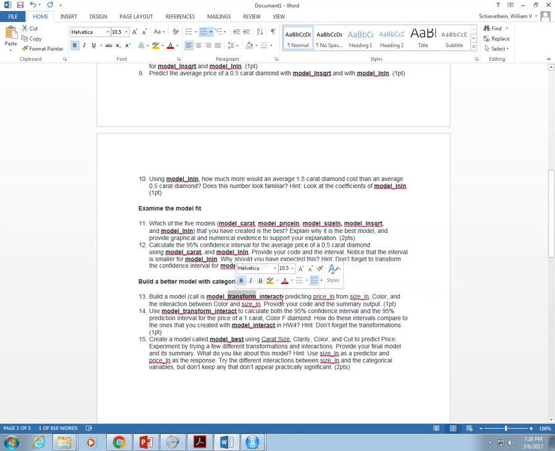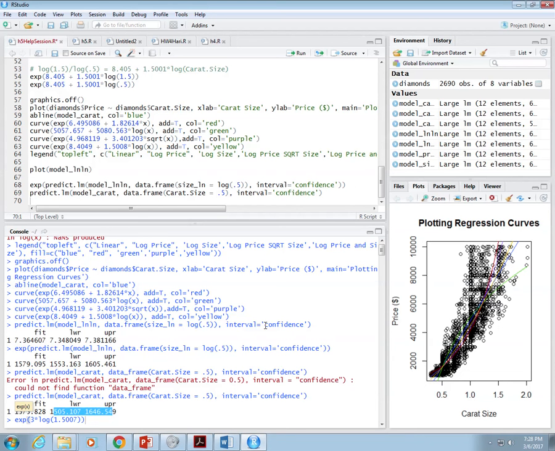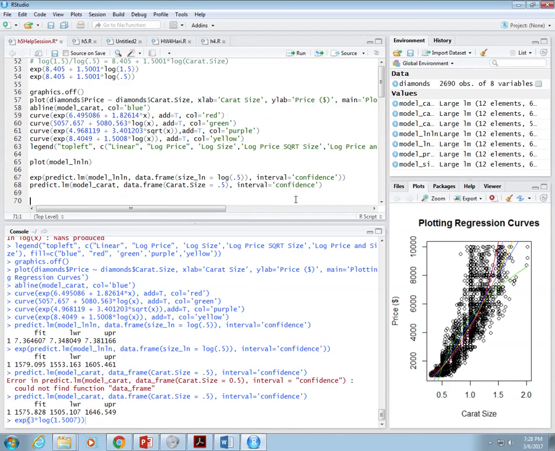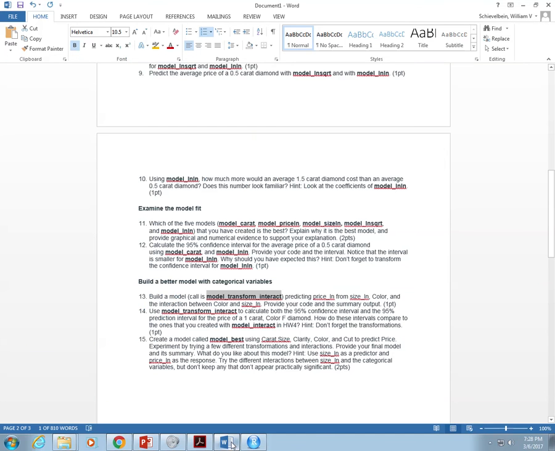Okay, so next we're going to do a model of categorical variables. So we're going to do some fun interactions. So model transforms interact is now a linear model predicting, are we doing relative price here, or are we doing price ln?